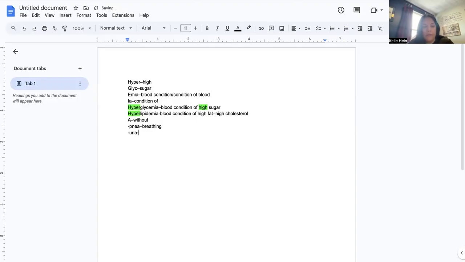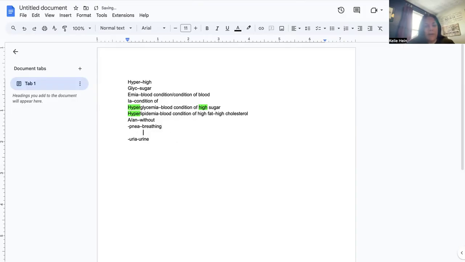Uria, urine. Okay. And I want to change this to A or an. An is also without. So A or an means without. So everyone knows what asystole is, right? It's a flat line. But that means without, because A is without electrical activity in the heart. Okay, so that's your flat line.